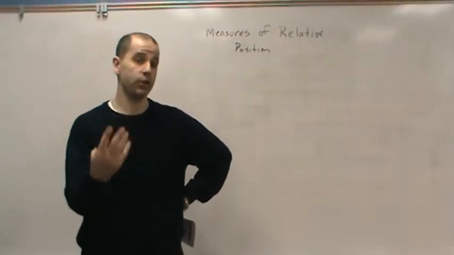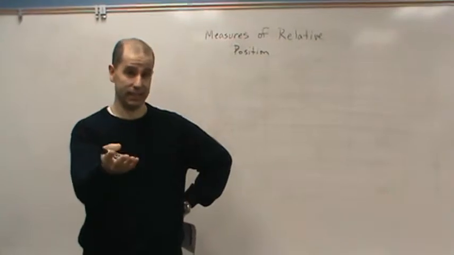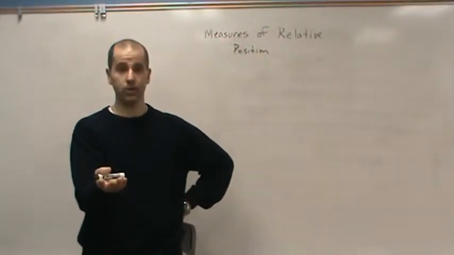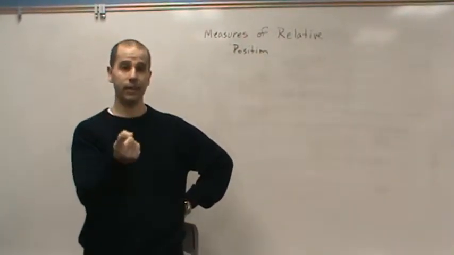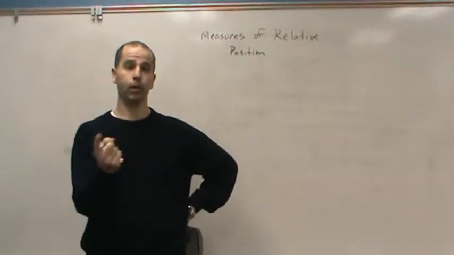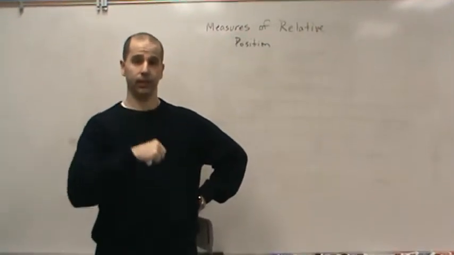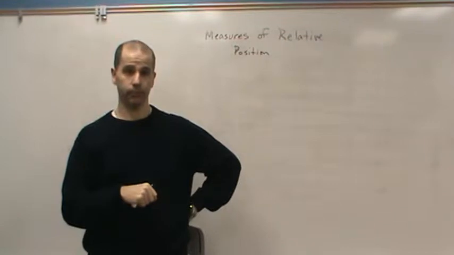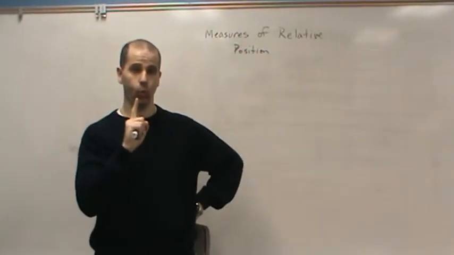That, my friend, is the Z-score. It tells us how many standard deviations above or below the mean a particular value is. And that's what we're going to start with.